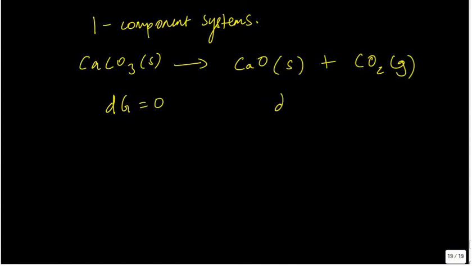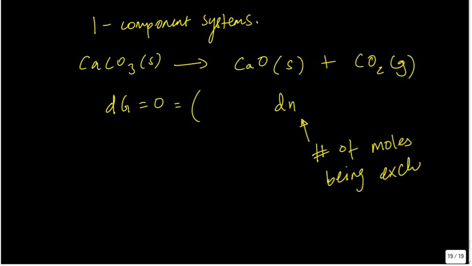So what I'll write is dn is equal to the number of moles being exchanged, let me just put it like that.